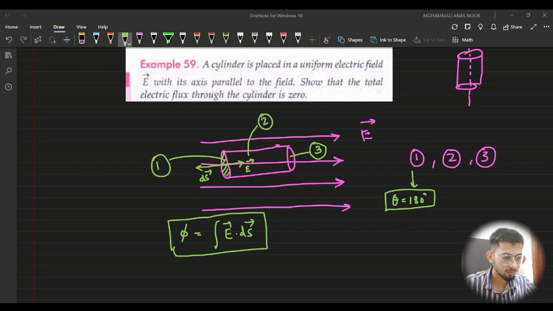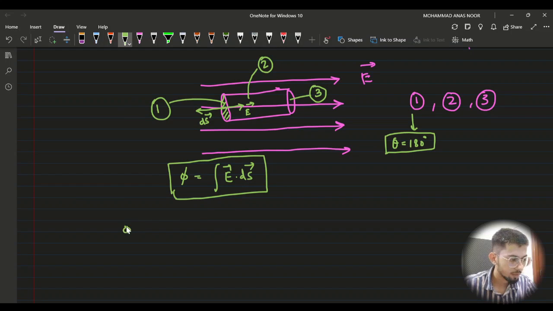Now the flux for the first surface is the integral of E dot ds, so integral of E into ds into cos 180. Cos 180 is how much? It is -1. Cos 0 is 1, but cos 180 is -1. So that would be minus E ds integral.